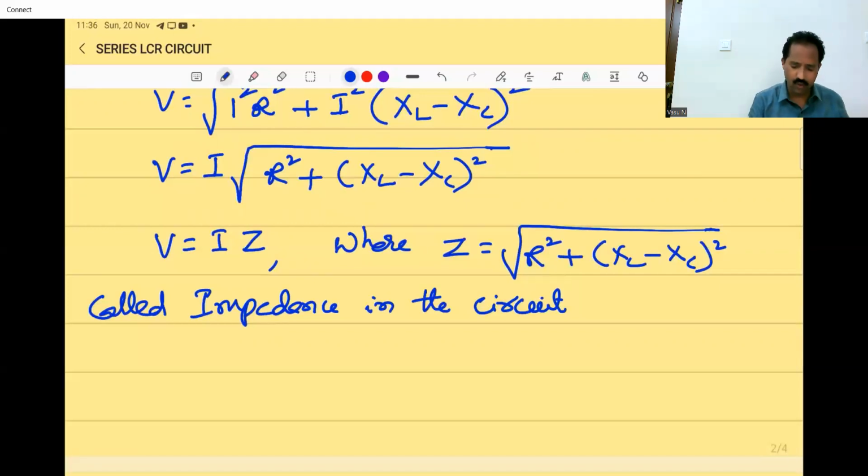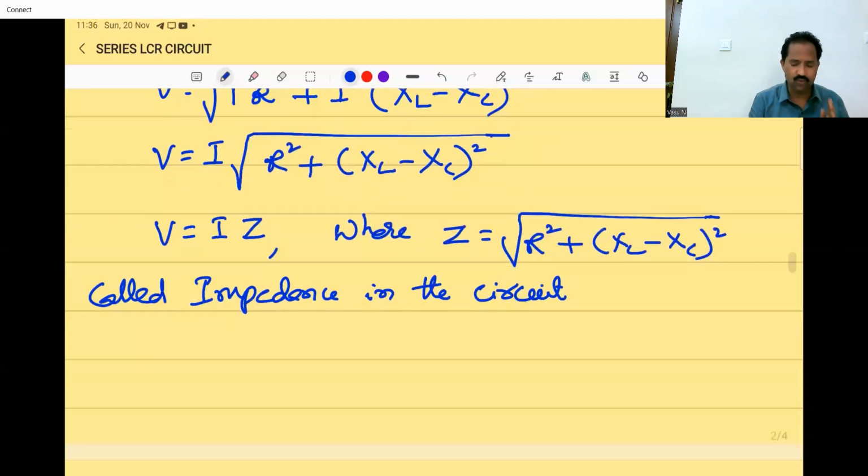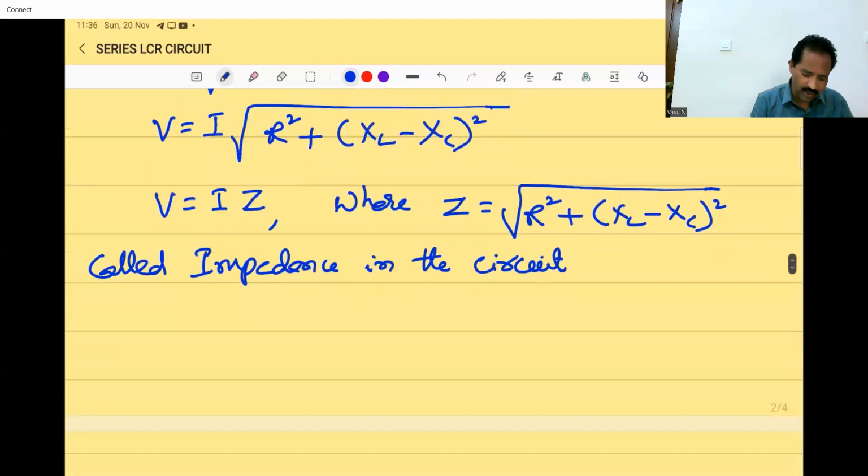So Z is equal to root of R square plus XL minus XC whole square. That is the equation for impedance. Or we can find current.